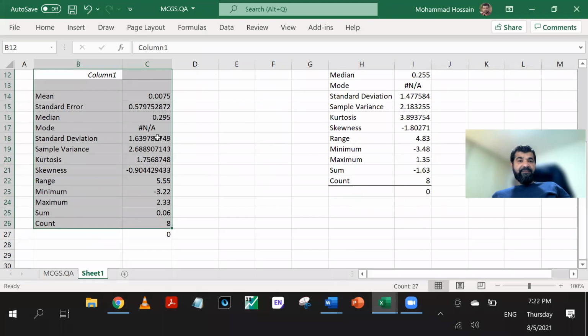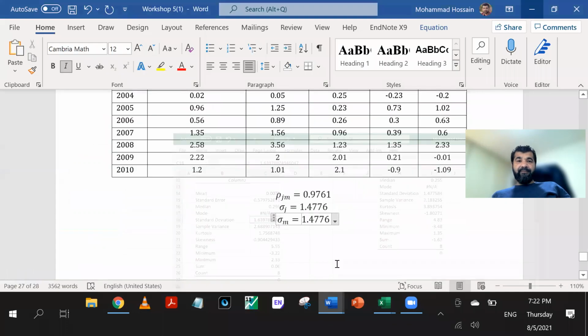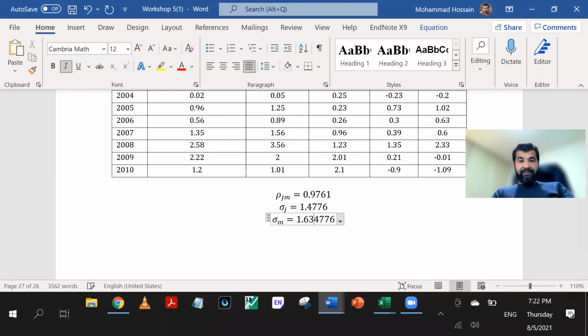Okay. The standard deviation is 1.6397, 1.6398.